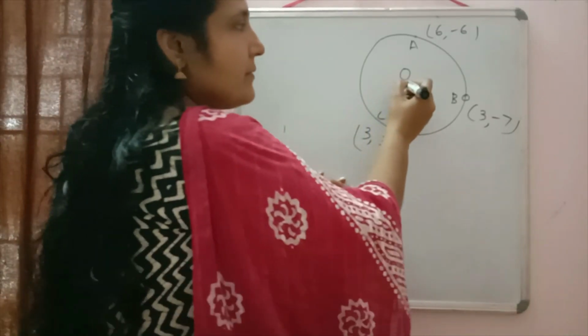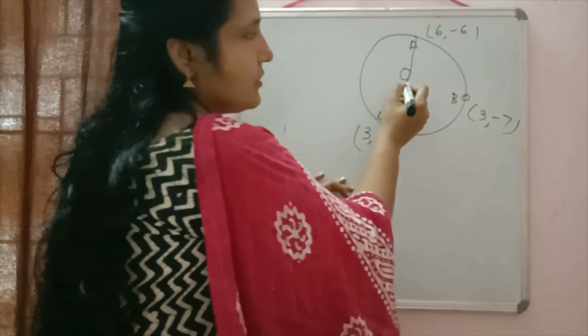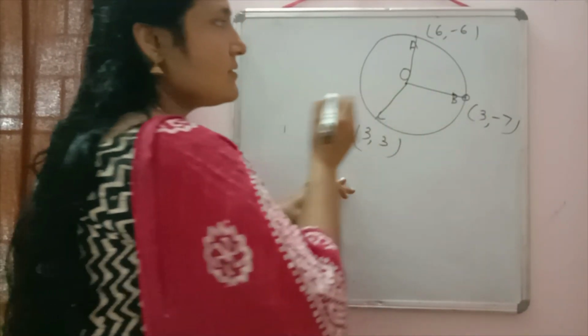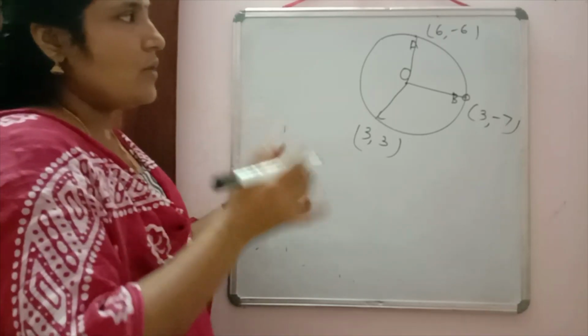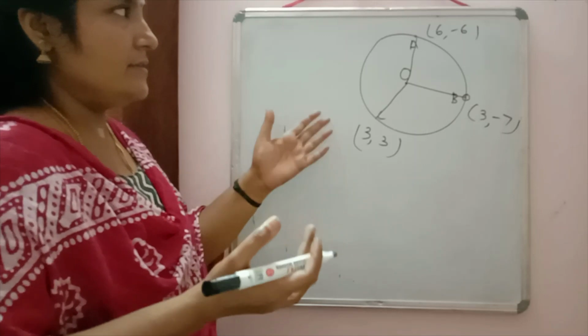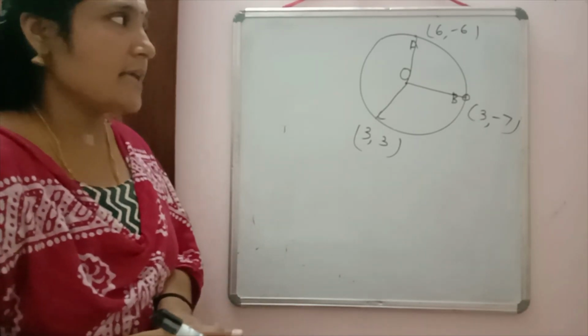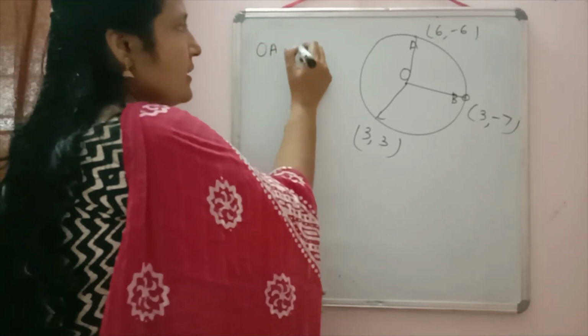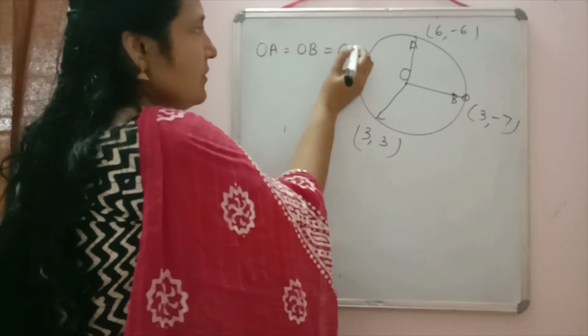What is OA? Radius. What is OB? Radius. What is OC? That is also equal to radius. OA, OB, OC, all three are radius only, so all three will be the same. So this is the relation which we have: OA is equal to OB is equal to OC.